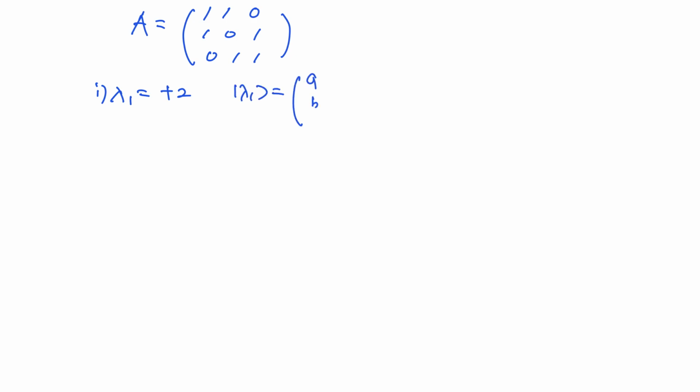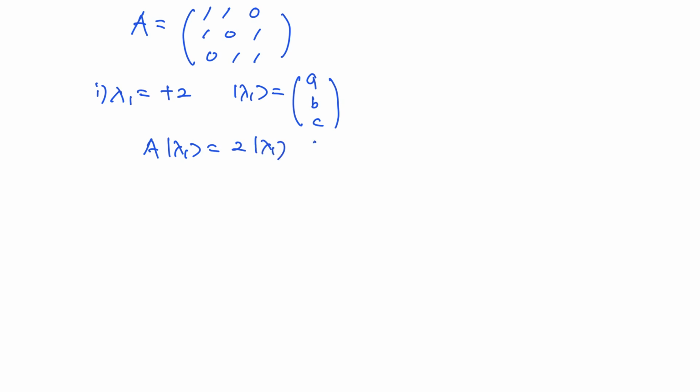So cases, and let's say 110, 101, 011. The first case, lambda 1 is equal to plus 2, right? So let's say lambda 1 is A, B, C. Then A lambda 1 is twice over lambda 1, right?